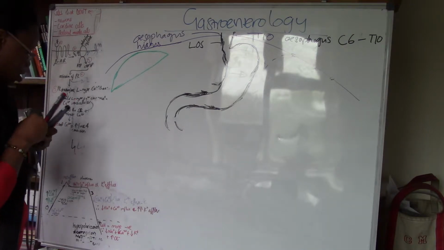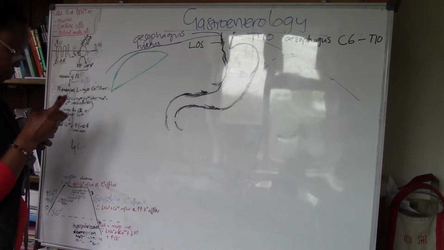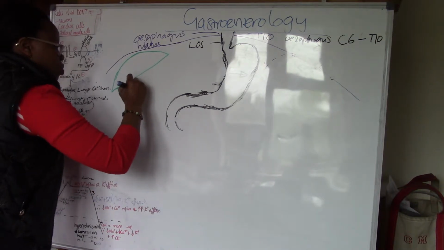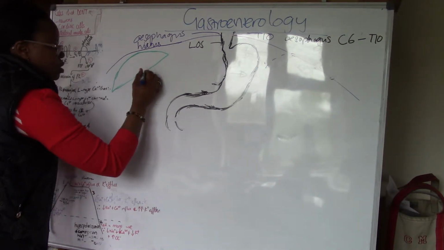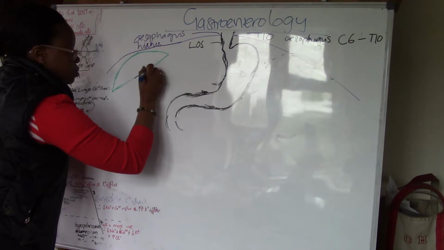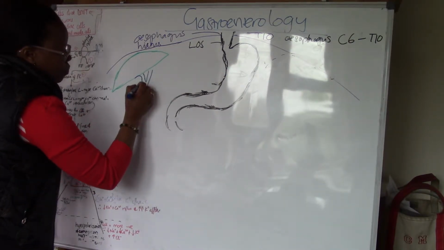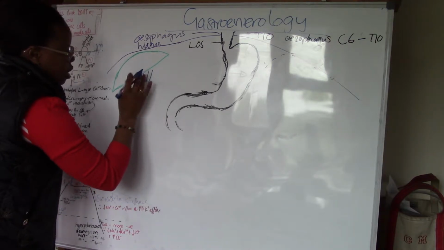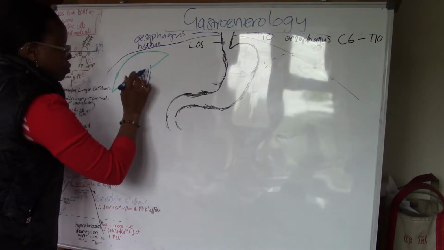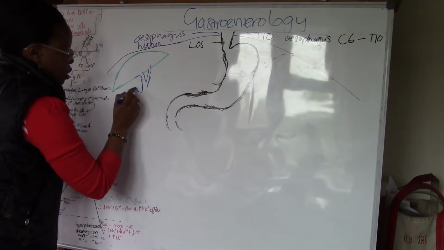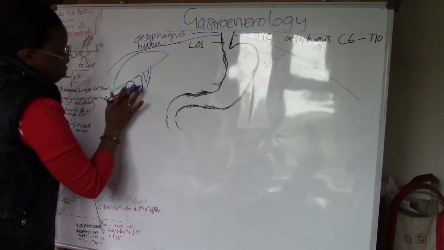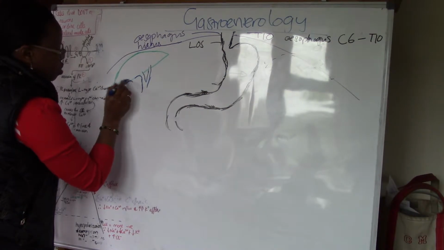And then the gallbladder, I'll write in blue, will lie under the liver, but for illustration purposes, I'll just show the hepatic ducts coming in to form the common hepatic duct.